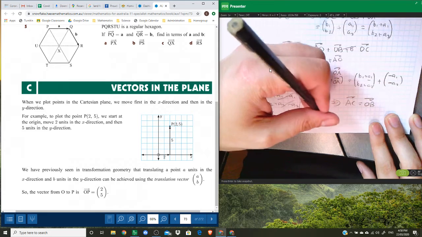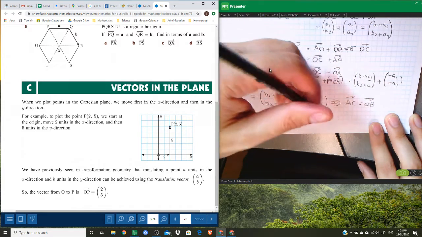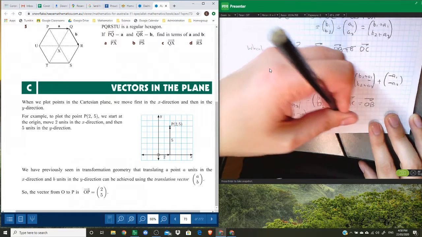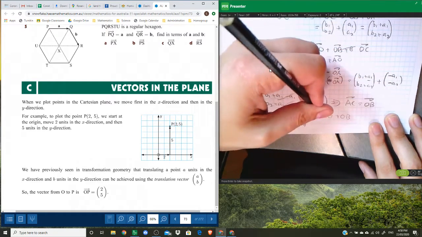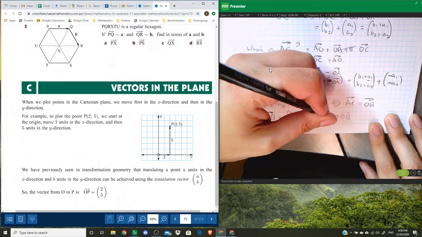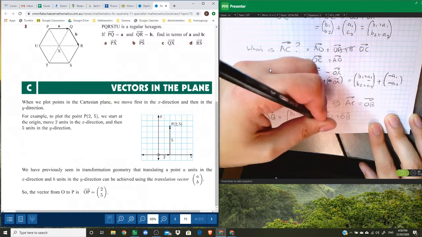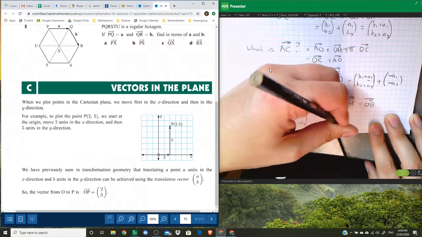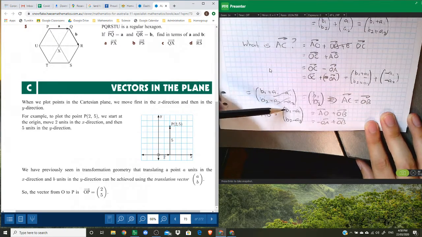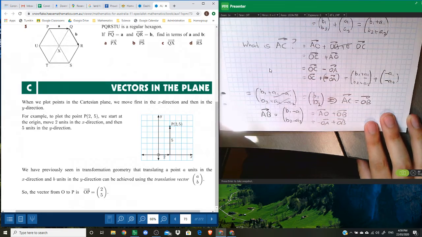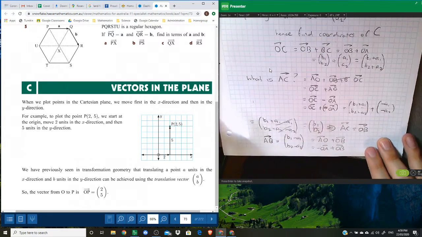You start at A, go to O, then O to B. That's basically minus OA plus OB. So that's why it's the final coordinate minus the initial coordinate, because the vector algebra works out that way. We'll use some numbers in a future part.